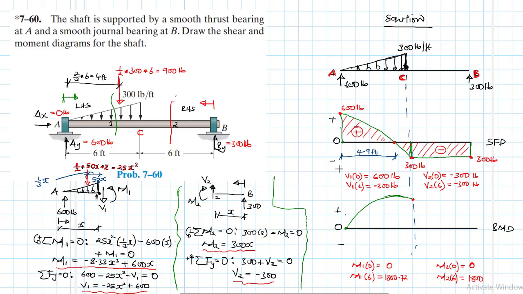Let's go to the other side, from B to C. At B, we've been told the moment is equal to 0. Let me start from where I was starting from.